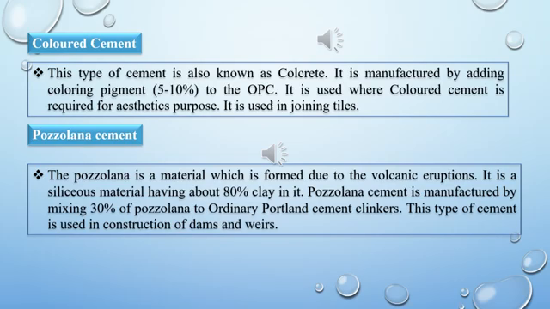Pozzolana is a siliceous material which includes 80% of clay, and it is formed by volcanic eruption. If we mix 30% of pozzolana to the ordinary Portland cement clinker, then it will give you pozzolana cement. And this type of cement is being used for the dams and weirs.